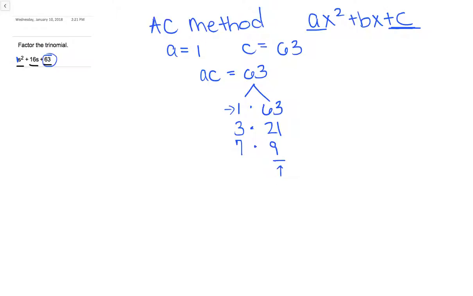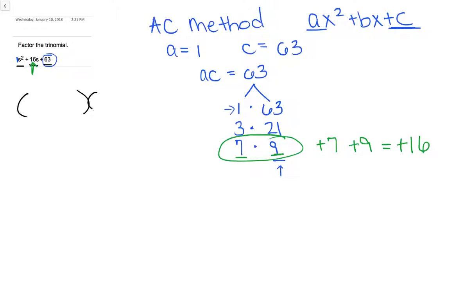Okay, now that you listed all your factors of 63, we want to find two factors that when added or subtracted together give us the middle term of 16, a positive 16. So I can take a positive 7 and a positive 9, and when I add those together, I get a positive 16. So that means I'm going to choose these two numbers to go in my set of binomials.